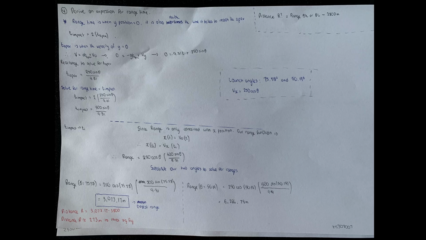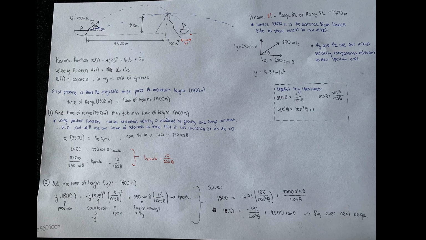Now, the closest range to 2,800, which is the total distance from the start of the. If we look again at the very first image, which is this one, we can see that the 2,800 is the distance from where the projectile is fired all the way through to the shore.